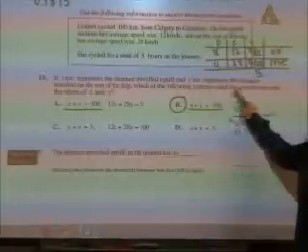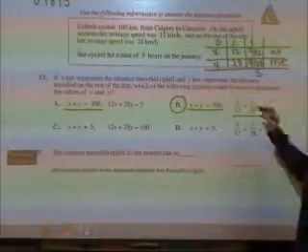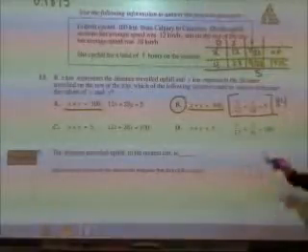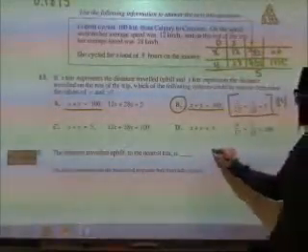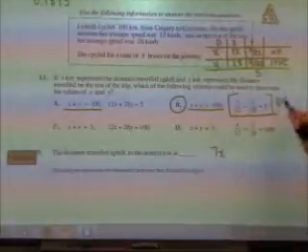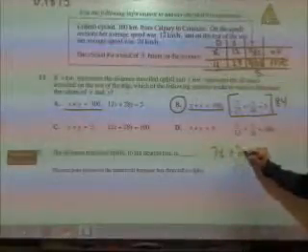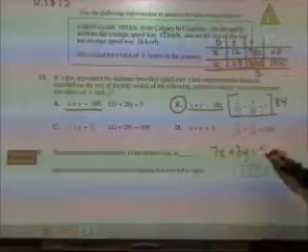If I went to solve this system, I want to get rid of my fractions here. So I want a common denominator for 12 and 28, which is 84. 84 divided by 12 is 7. 84 divided by 28 is 3. And 5 times 84 is 420.